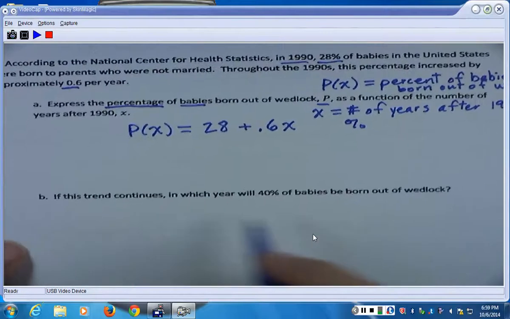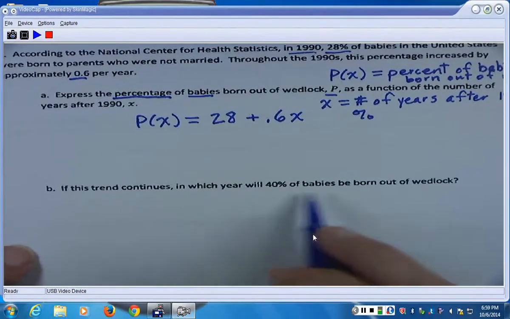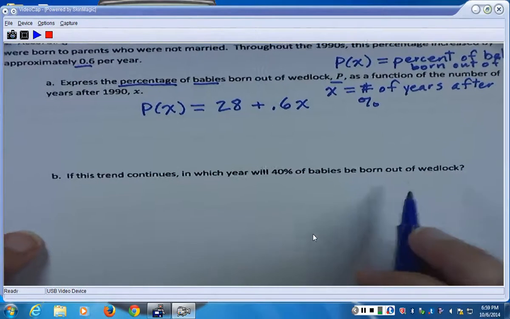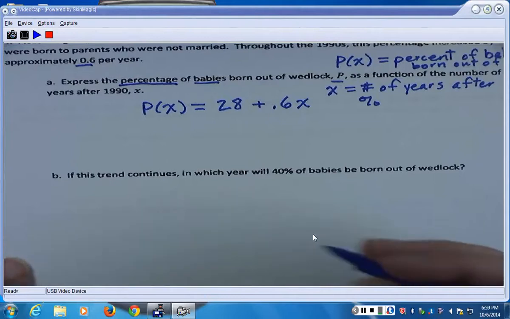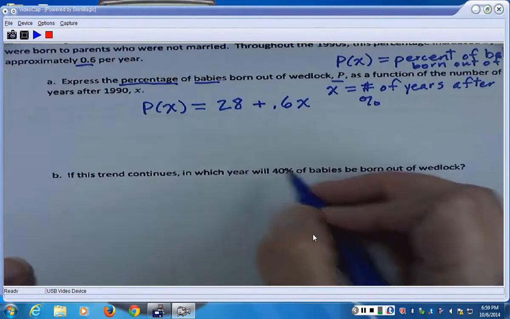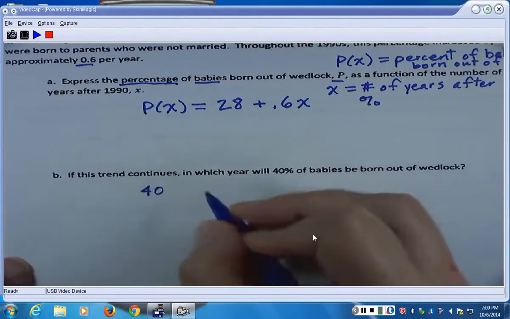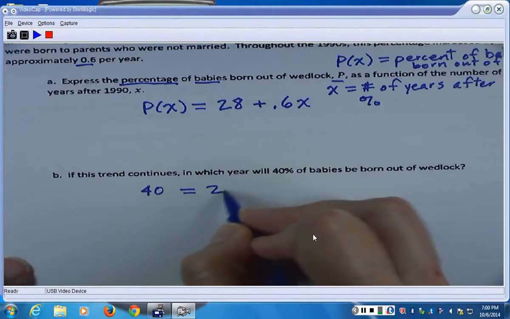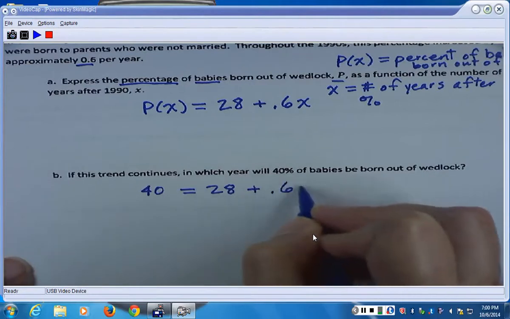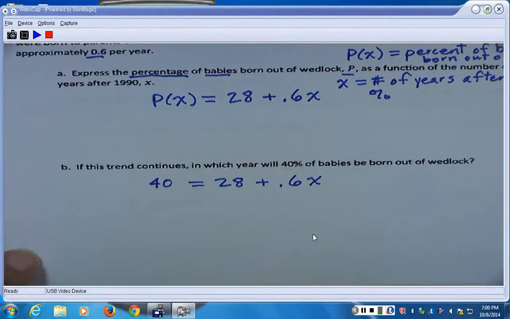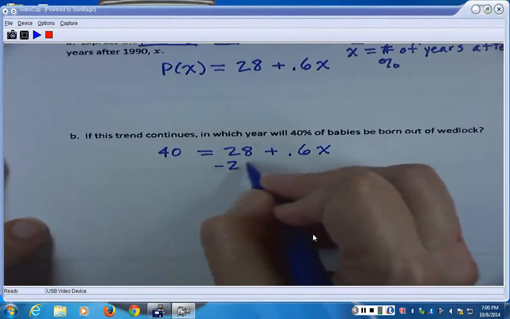If this trend continues, in which year will 40% of all babies be born out of wedlock? So that's the percentage born out of wedlock. It's 40% equals 28 plus 0.6x. Subtract your 28.